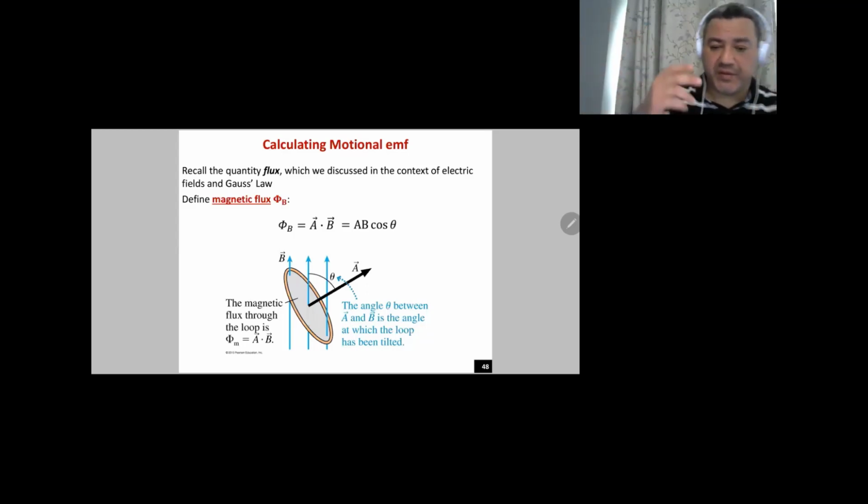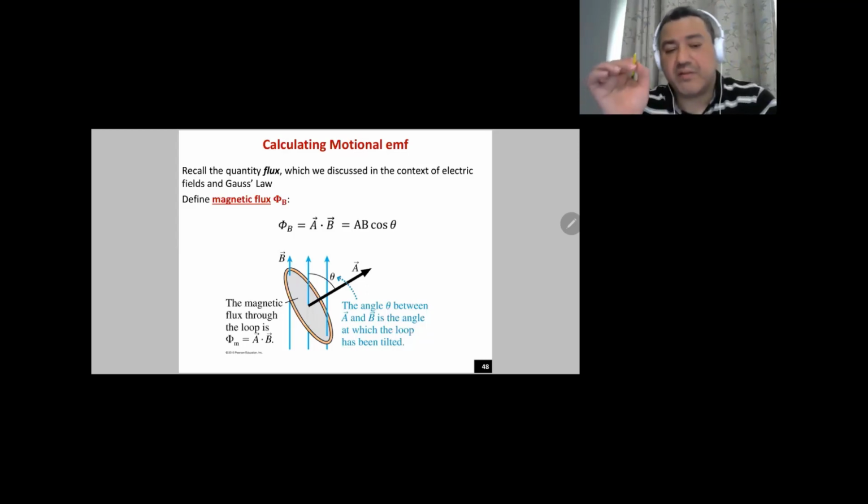But at the end, the main concept of generating electromotive force is to get a time varying flux.